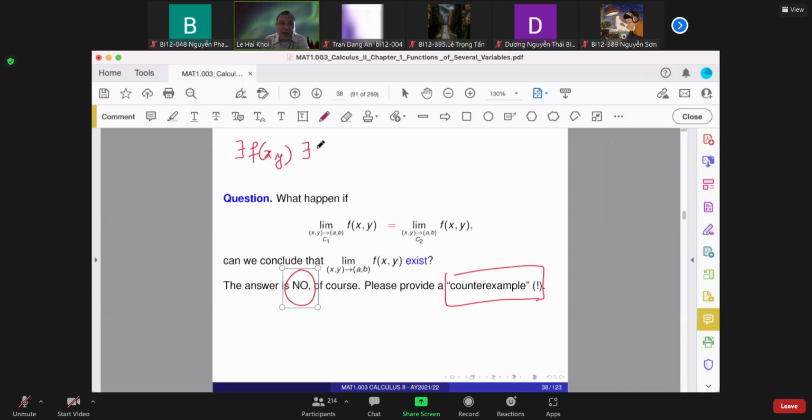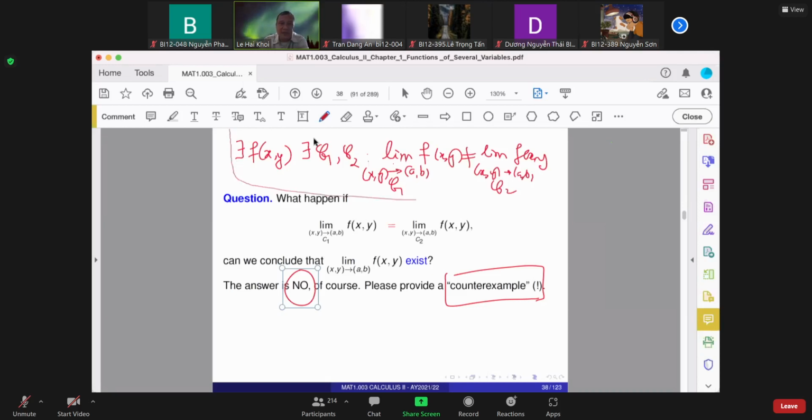And you provide two paths C1 and C2 such that the limit of f when (x,y) tends to AB on C1 and the limit of f when (x,y) tends to AB on C2 are different. So this is the so-called counterexample.